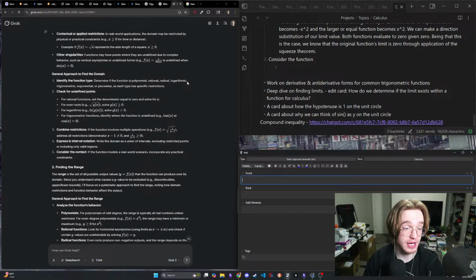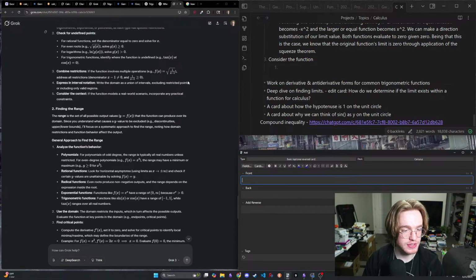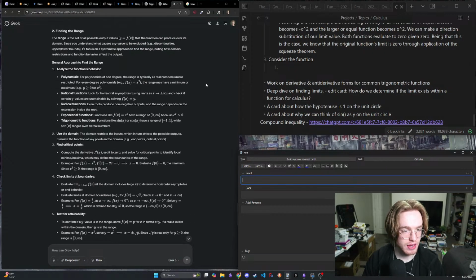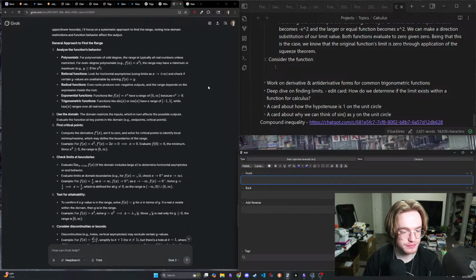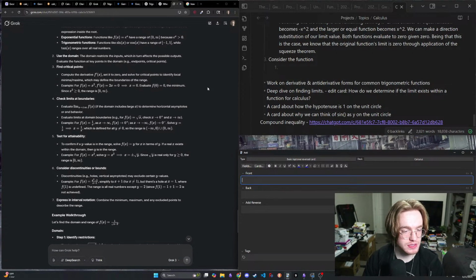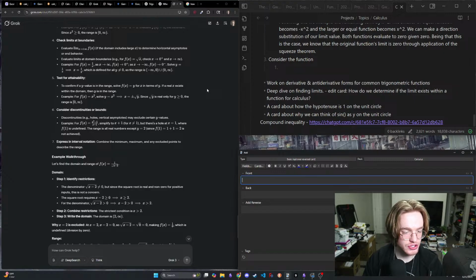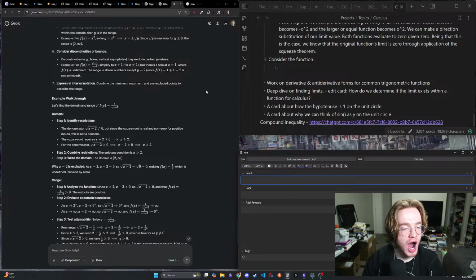A general approach to finding the domain: identify the function type, check for undefined points, combine restrictions, express in interval notation, consider the context. Finding the range: analyze the function's behavior, use the domain, find critical points, check the limit boundaries, test for attainability, consider discontinuities or bounds, express in interval notation.